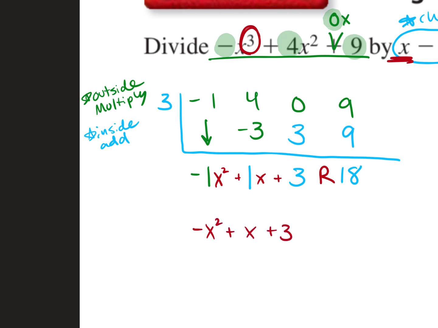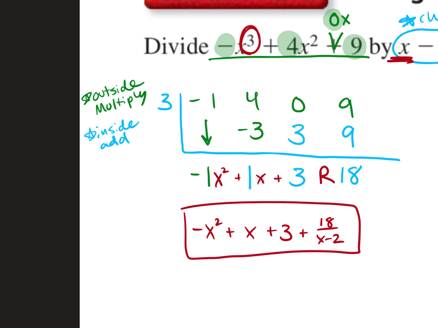How would I write my remainder here? Awesome. As a fraction, plus 18 over x minus 2. Our remainder over our divisor. Oh, x minus 3. Sorry. It is way easier than the long way, but you have to know both ways.